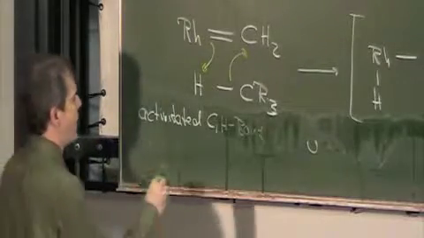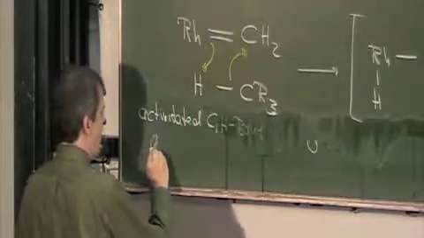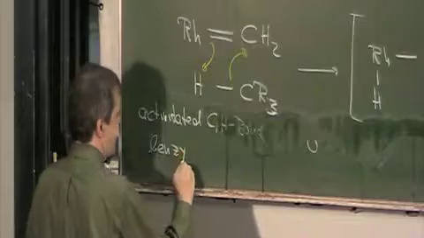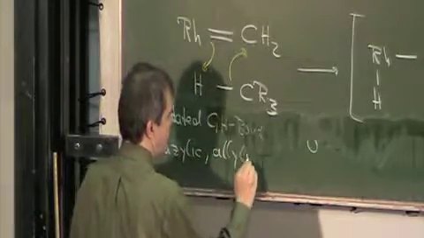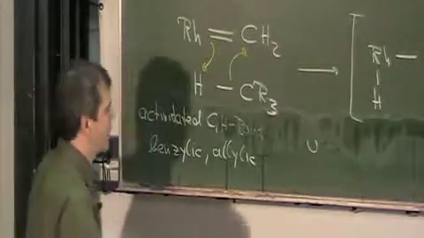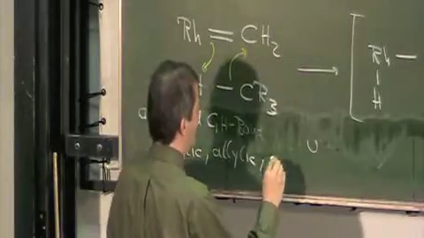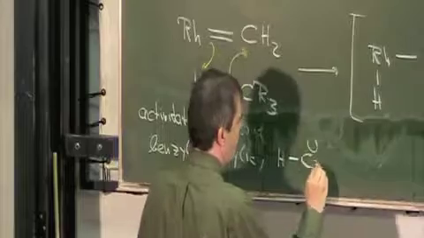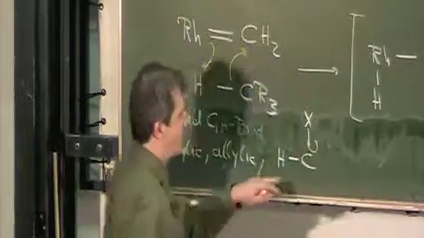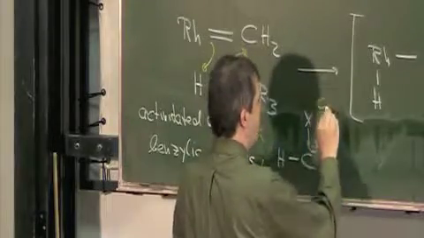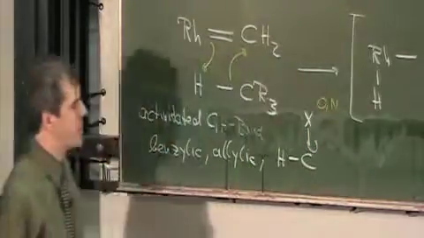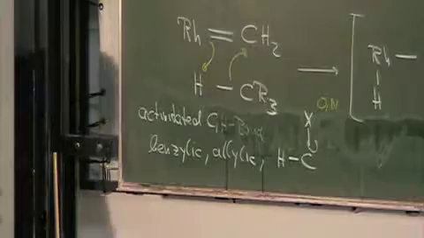And so typically, activated CH bonds are benzylic, allylic, or also CH bonds which have somehow a heteroatom, very often oxygen or nitrogen, attached to it.